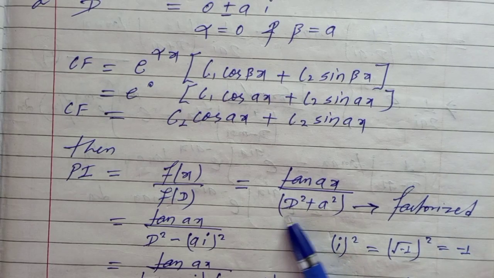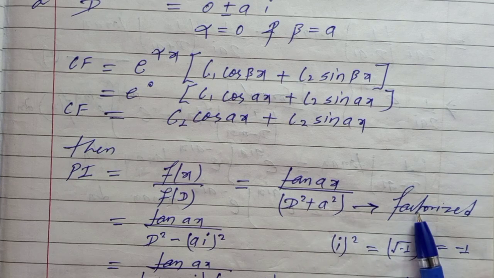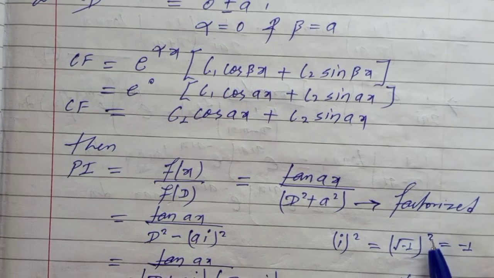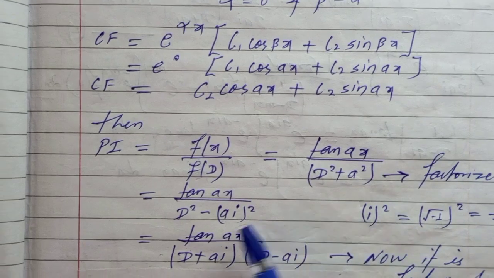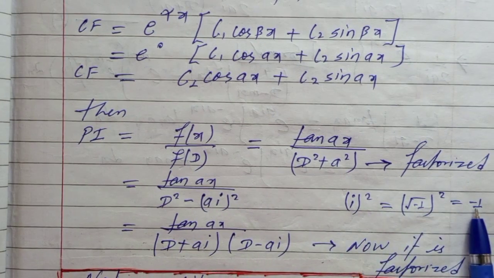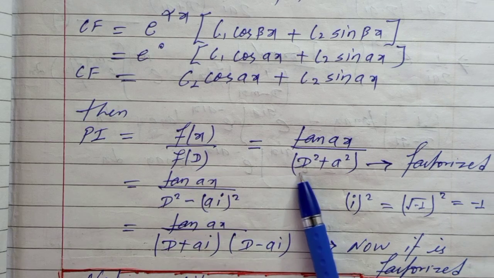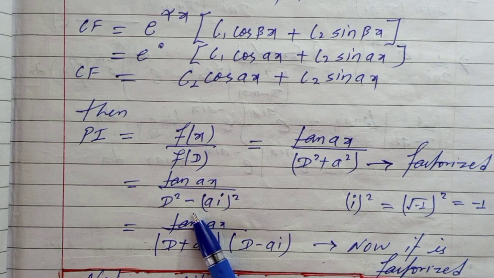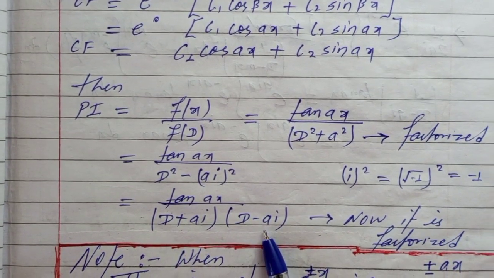For that, the denominator of PI, that is function of D, must be in factorized form, but it is not, so we will convert it into factorized form with the help of the i concept. We put i there, and since the square of i is minus 1, minus into minus is plus and it gives the original form. So we introduce i so that it is converted into factor form like this.